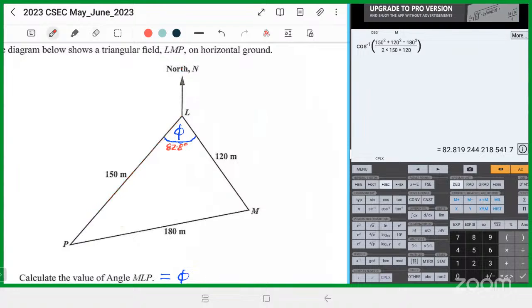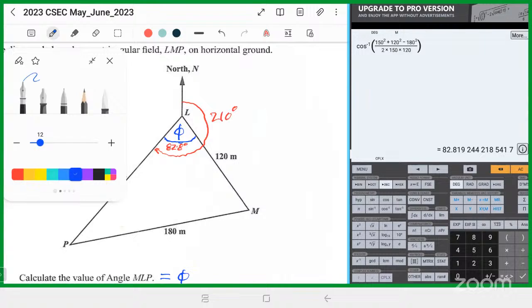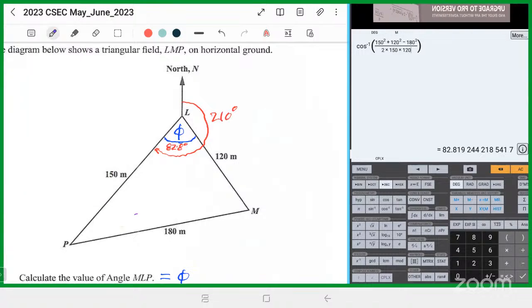This angle they tell us; you have to put it on the diagram to see how it works, right? This angle here is 210 degrees, all of this spread angle. So if that angle is 210 degrees, then you can find this angle right here. What would this angle be?